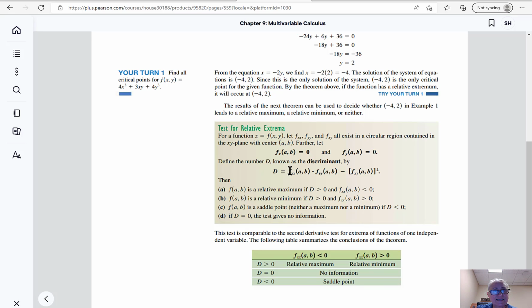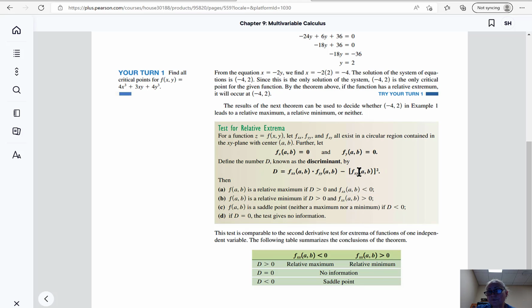It's the second order derivative, first with respect to x both times, times the second order derivative with respect to y both times, and subtract from that the second order derivative where you take it with respect to x the first time and y the second time, squared.